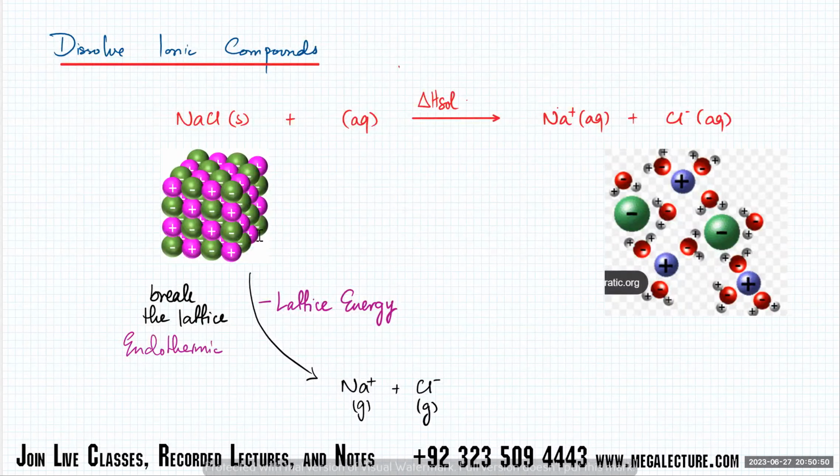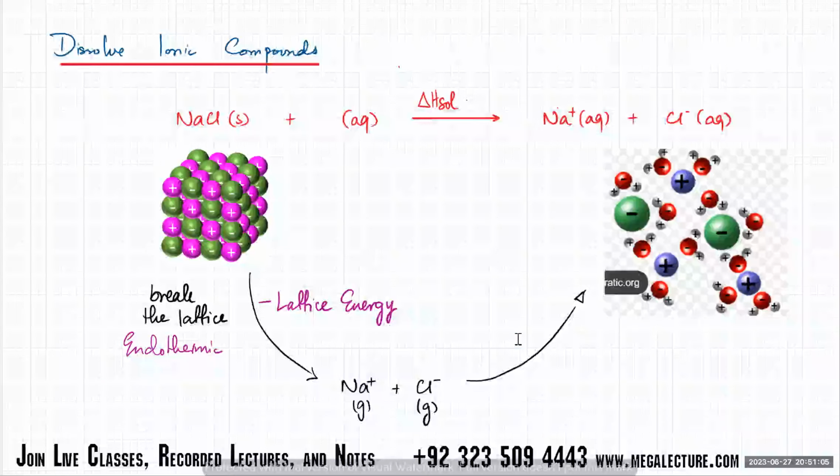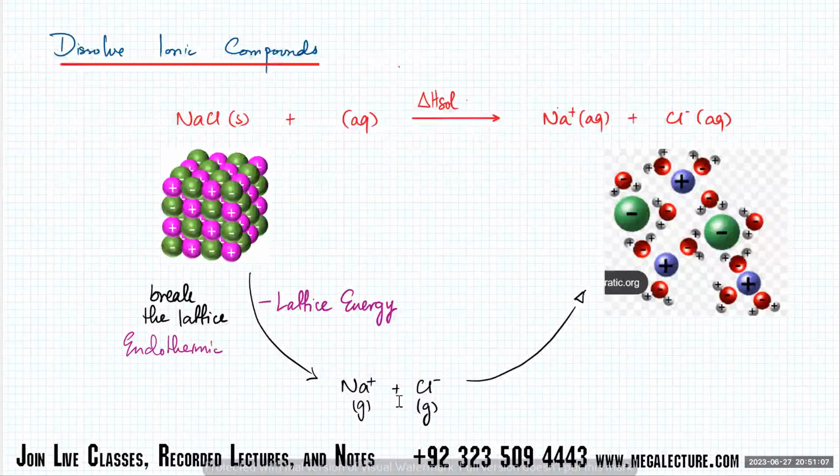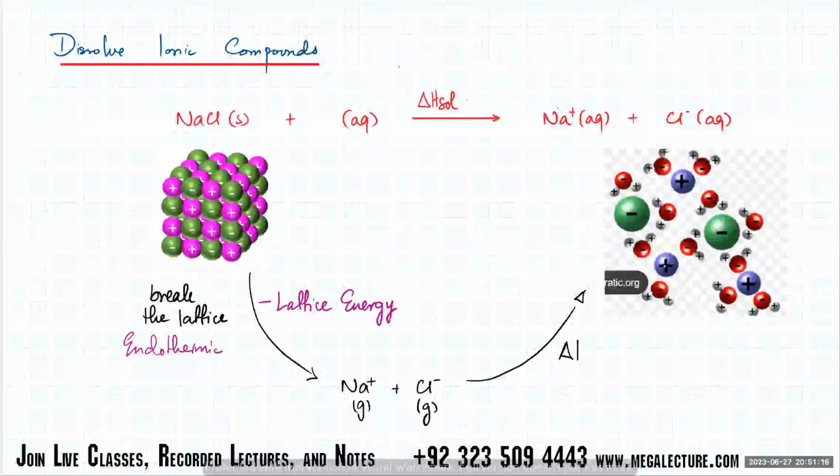Now, as soon as you're vigorously stirring, the lattice breaks, and what immediately happens is that the ions get surrounded by water molecules. So that step is that the gaseous ions are now turning into aqueous ions because they're now getting attracted to water molecules. So bond formation is happening. This is enthalpy change of hydration.